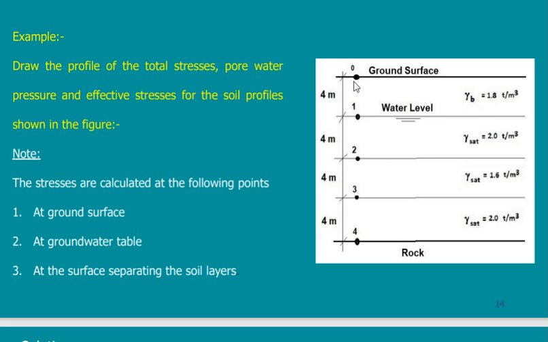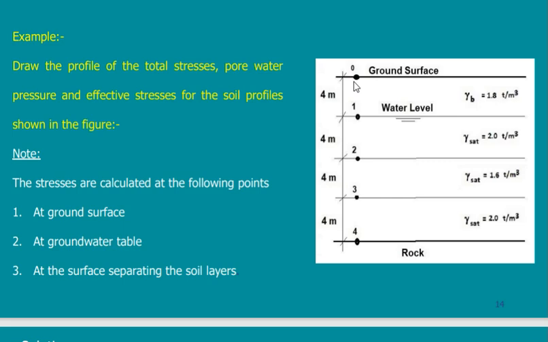If you have soil, lots of layers, ground surface, what is the stress? Zero. You don't have anything above it, because the stress usually comes from above. If nothing is above me, what is the stress on me? Nothing. I'm not carrying anything on my head.